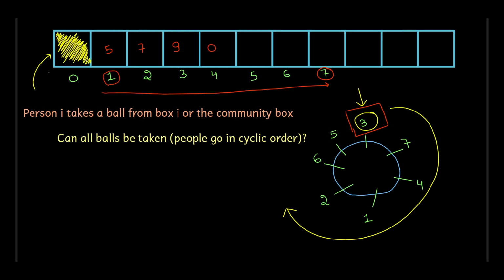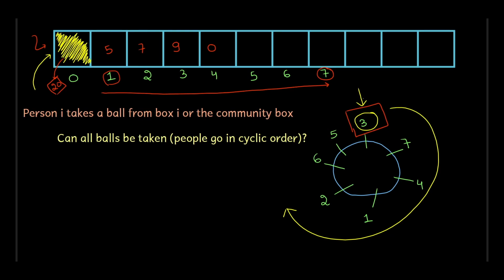Apart from that, there is also a special box called the community box that has a certain number of balls, let's say it has 20 balls. Then the rules of the game are: n people are sitting in a circle, with this person being the leader of the circle.